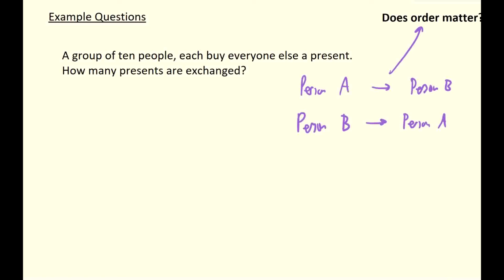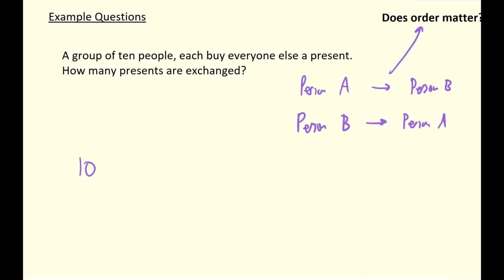Again, we could label them with letters A, B, C, and so on, and list out all the possibilities. But we do the same idea. We want to think about it in choices. So if I just look at anyone given a random present, let's see how many options I've got. So I could have any one of 10 people to give a present, and each of those 10 people has a choice of 9 other people to give a present to.